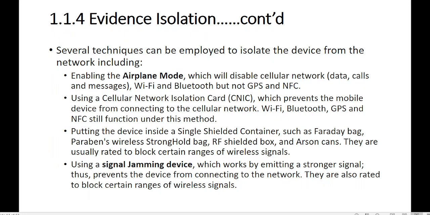The cellular network. So when you disable the cellular network, that means if you are associated with Safaricom, in our case, I don't know, we have which one else, right? That means outgoing data and incoming data is disabled, of course, calls and messages. And of course, Wi-Fi cannot work, and Bluetooth.